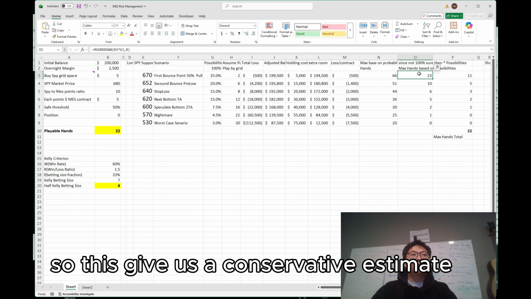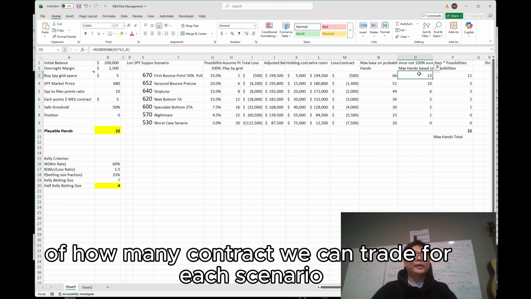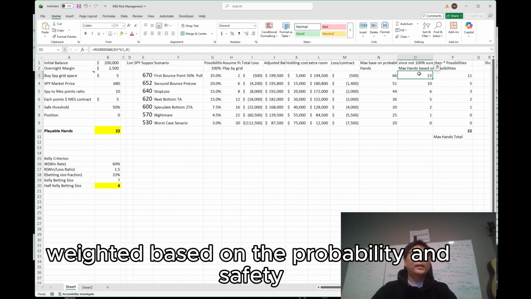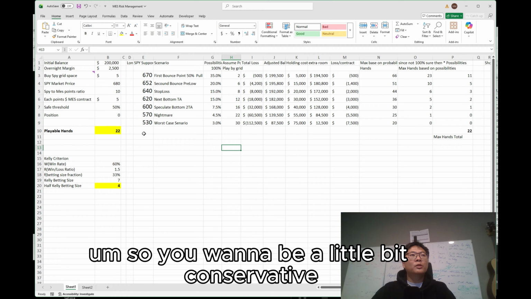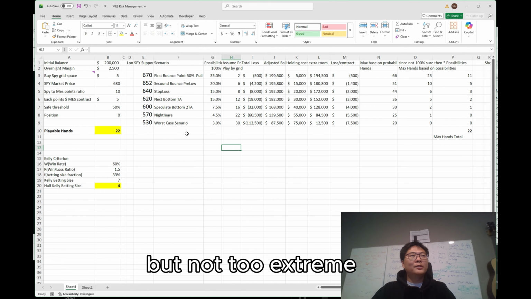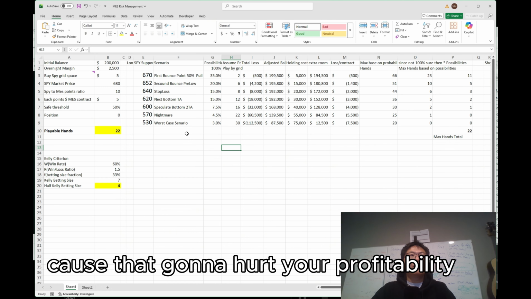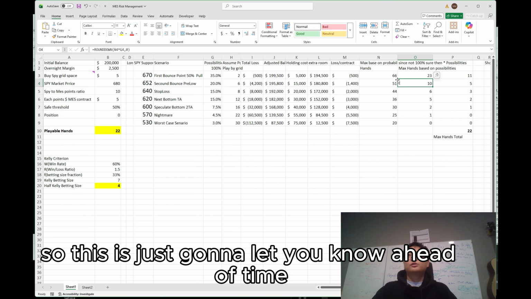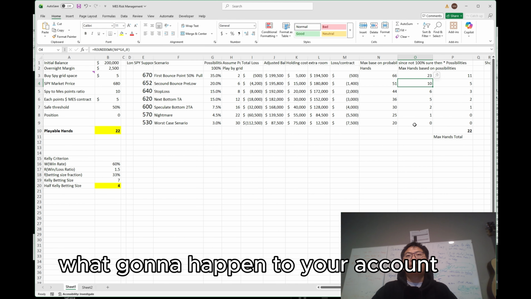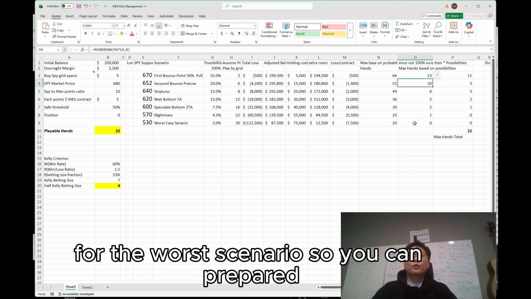So this gives us a conservative estimate of how many contracts we can trade for each scenario, weighted based on the probability and safety. So you want to be a little bit conservative, but not too extreme, because that's going to hurt your profitability. This just lets you know ahead of time what's going to happen to your account in the worst scenario, so you can prepare for it.